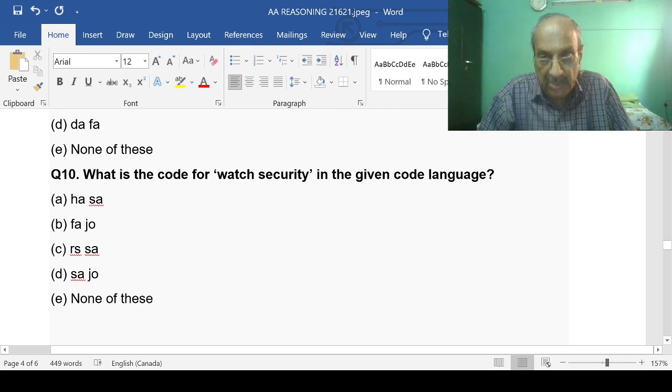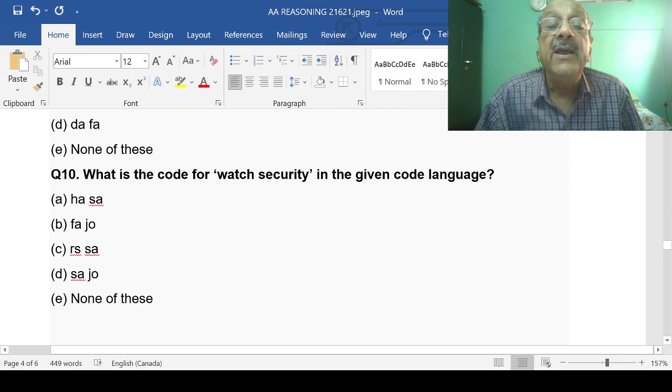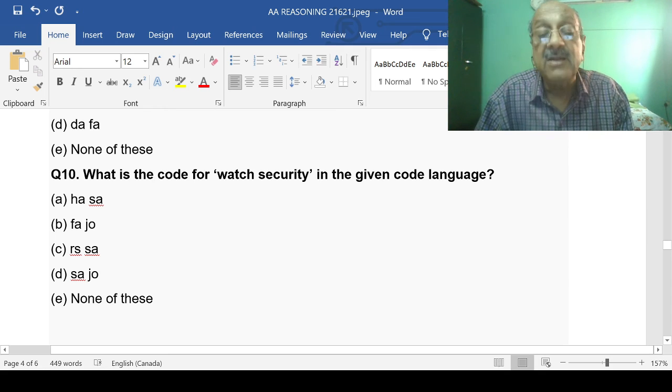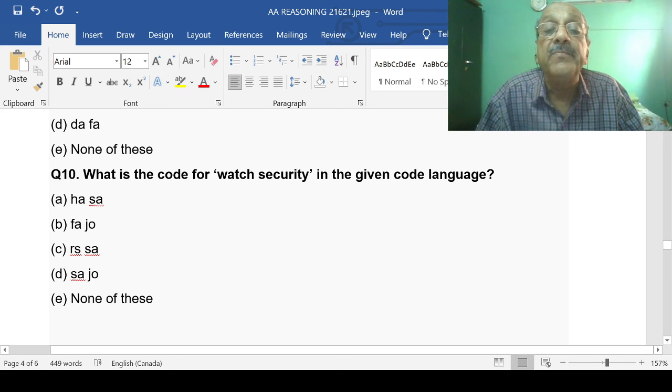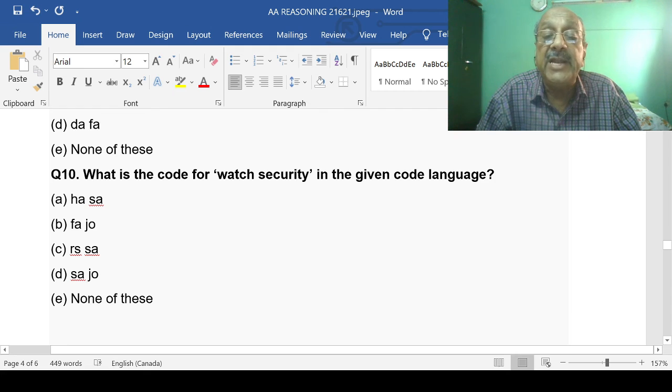You draw this. You see how the pictures are all coding. I have used one circle, two circles, one triangle, two triangles, one square, two squares, like that I have used. Please see the pictures. For example, security, and I have correlated with Joe.